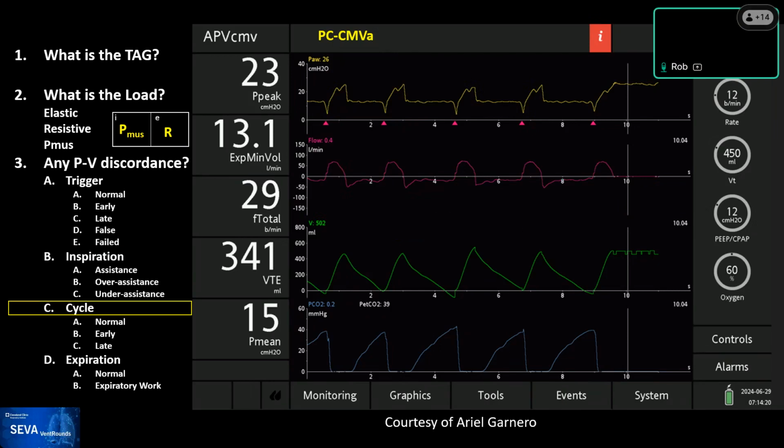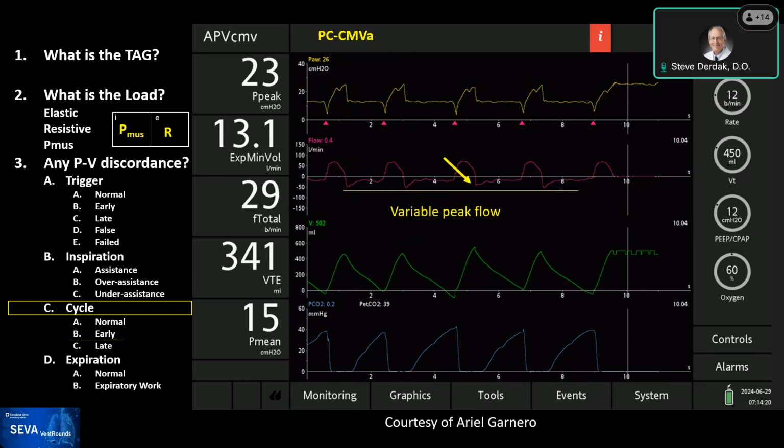Well, the pressure waveform is only going to tell you when the ventilator stops. But if the inspiratory effort continues beyond the cycle time, which is indicated by the pressure waveform, what then gets affected? Well, the flow wave. There you go. So what we want to look at is the peak expiratory flow.